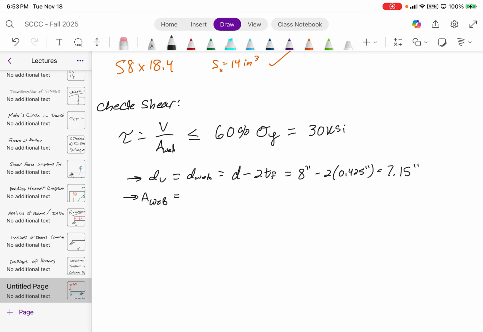Now from here, the area of the web is just going to be the depth of the web times the thickness of the web. Depth of the web is 7.15 inches. And then what's the thickness of the web? 0.271. Do this multiplication. Tell me what you guys get.